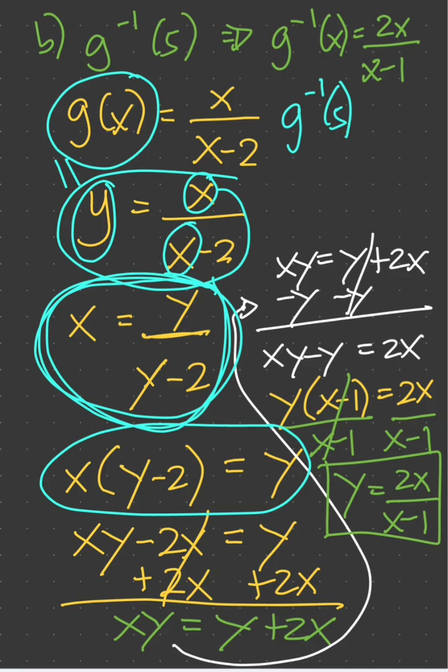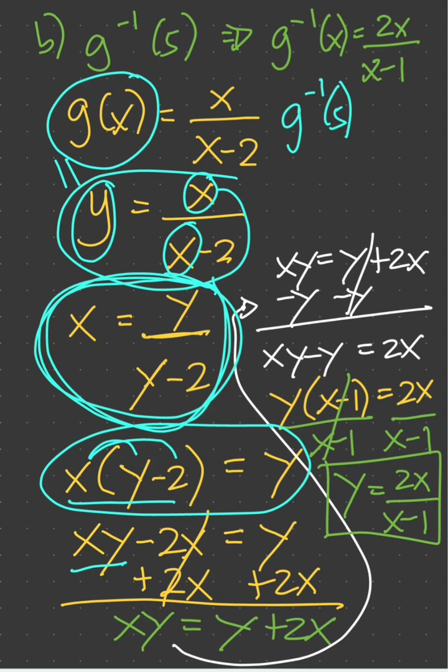No problem? Okay, so we multiplied both sides by y minus 2, so we got x times y minus 2 equals y. And then we distribute x to y minus 2, so x times y is xy, minus x times 2 is 2x, equals y.